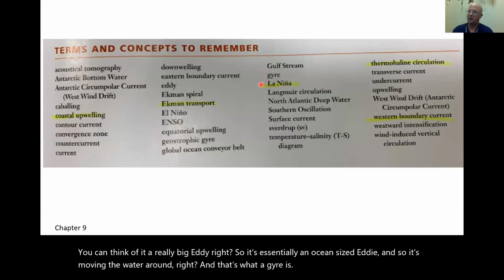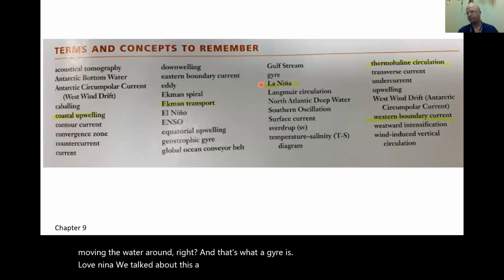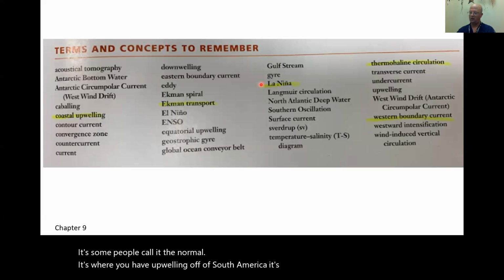La Nina, we talked about this a little bit with El Nino. La Nina is the opposite of El Nino. Some people call it the normal weather. It's where you have upwelling off of South America. It's also where you have kind of normal weather patterns, right?